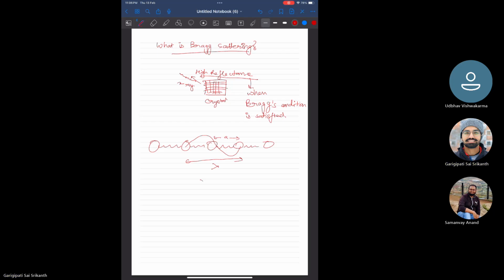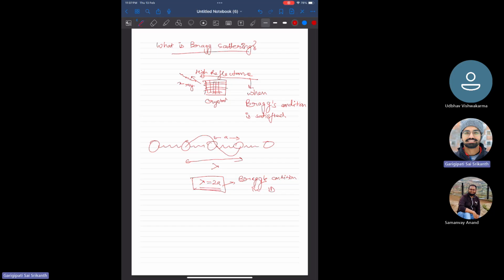If lambda is equal to 2a, this is Bragg's condition in 1D. Of course, if it's a 2D crystal, then angles are involved. There'll be some thetas, phi or something. But this is Bragg's condition in 1D.